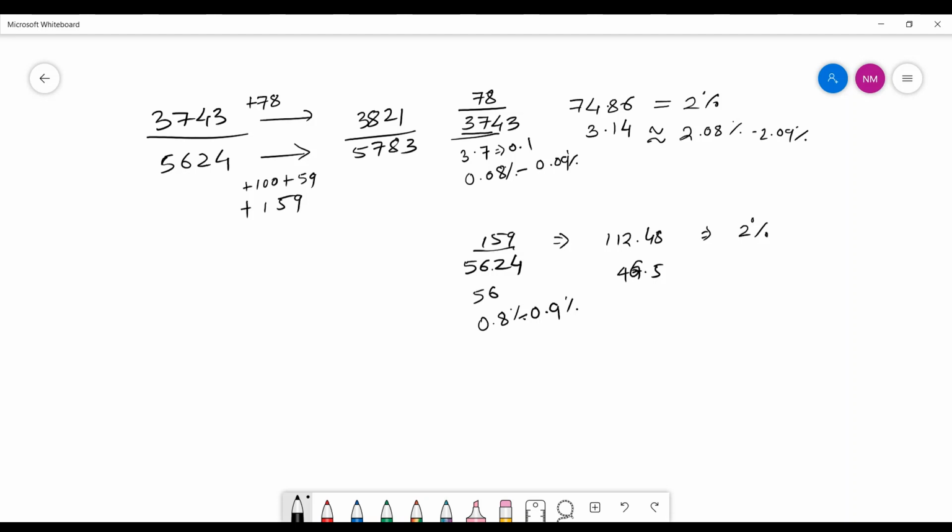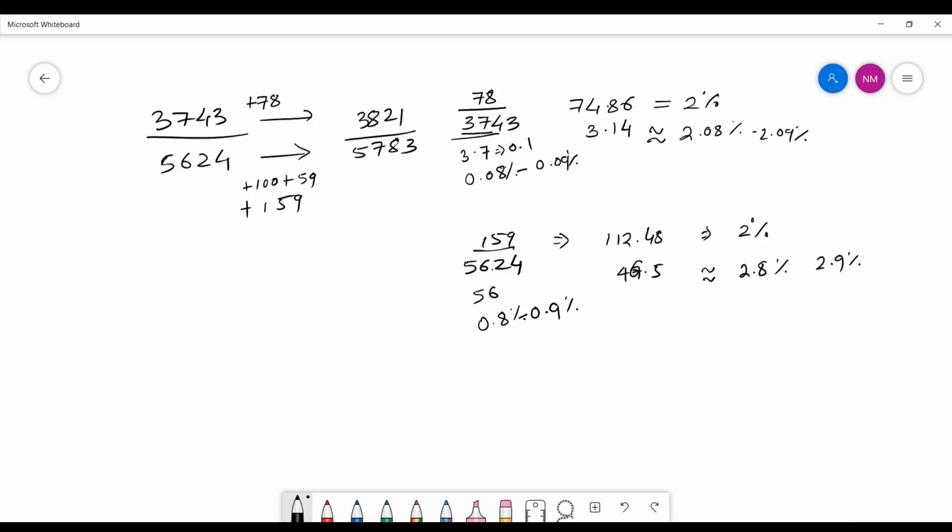Yeah. So it is just below what I have as my 1%. So I can say that this is 2.8% or 2.9%, right? Whereas my numerator was 2.08%. So my denominator has increased.